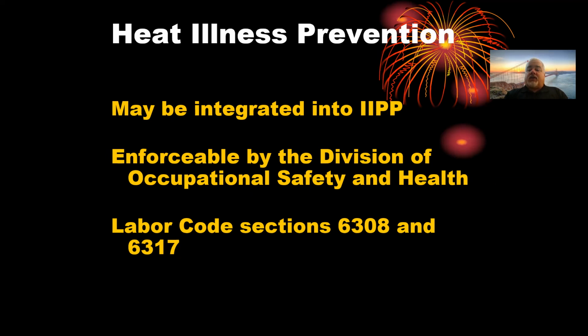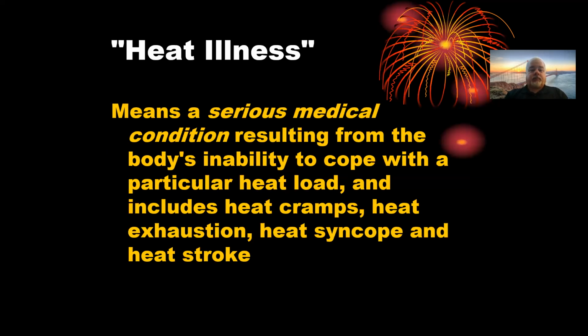The enforcement of heat illness prevention is under the Division of Occupational Safety and Health at the federal level, or CalOSHA at the California state level. So the ones that really do the boots on the ground work are likely the Ag Commissioner and occasionally CalOSHA. So what is heat illness?